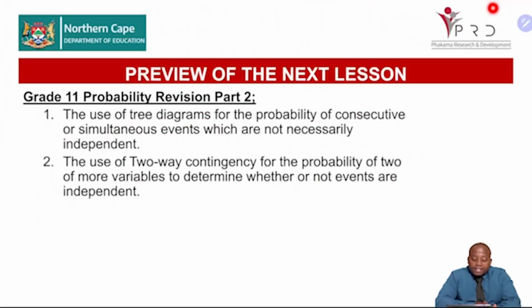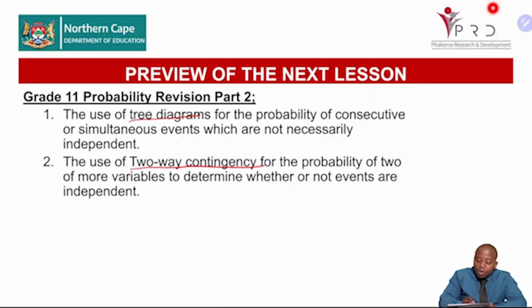Right, for our next lesson, we are still focusing on grade 11 revision for probability, and we are going to look at the second part of our revision. For this revision, we are going to use tree diagrams. So we're going to look at the use of tree diagrams for the probability of consecutive or simultaneous events which are not necessarily independent, and we are going to look at two-way contingency tables for the probability of 2 or more events to determine whether or not events are independent.